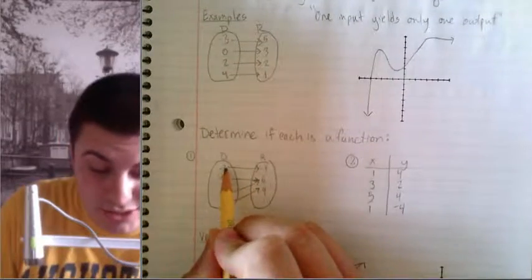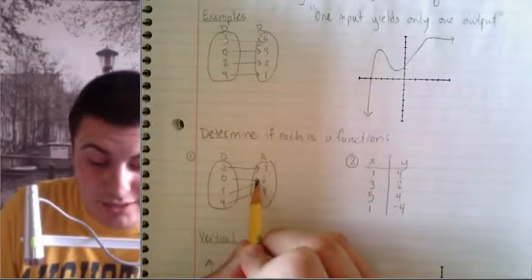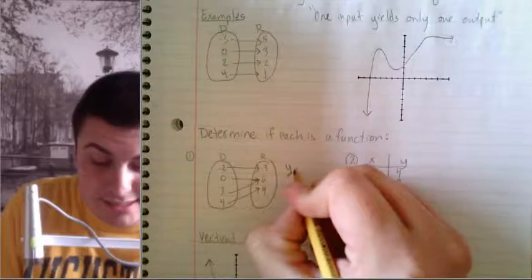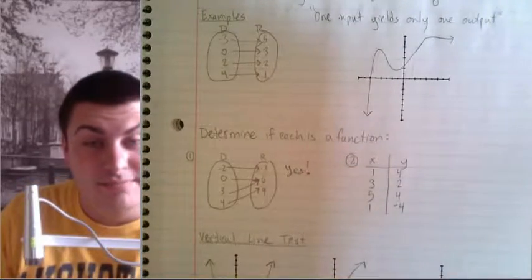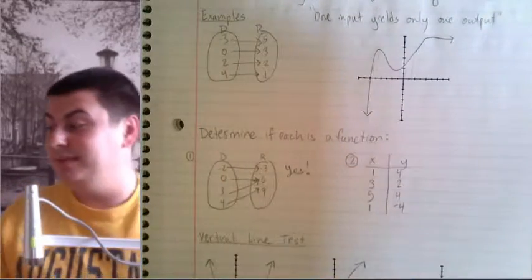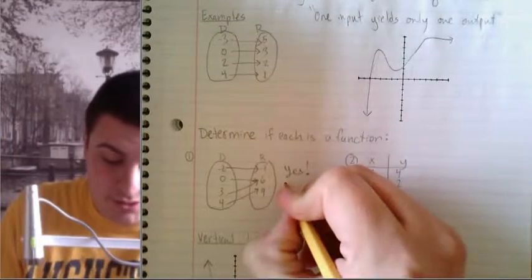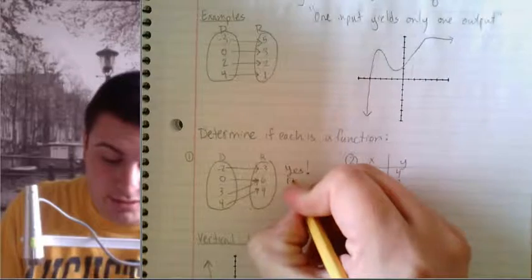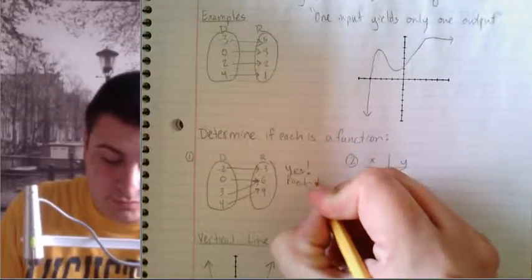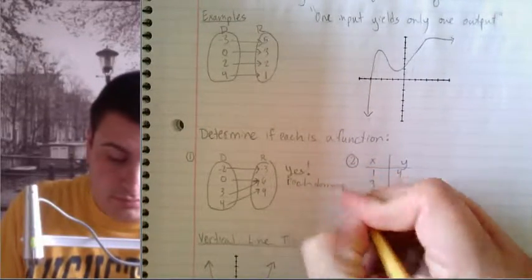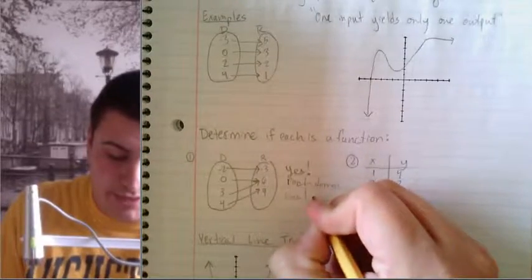So does each domain only have one range? Yes. This is a function. Each element in the domain has one output.